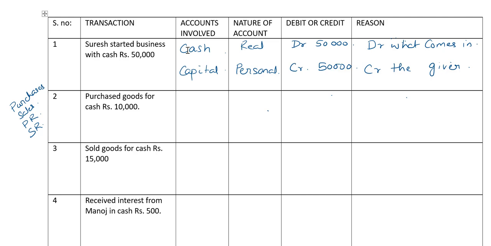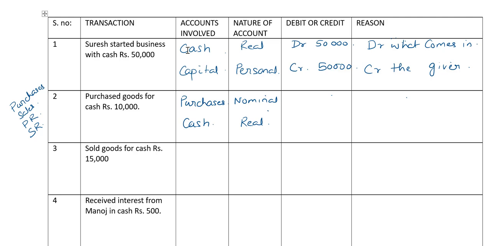So stock is involved over here, but we have purchased the stock, so we use the purchases account. And the other account involved is cash account. Purchases is a nominal account. Cash account is a real account.